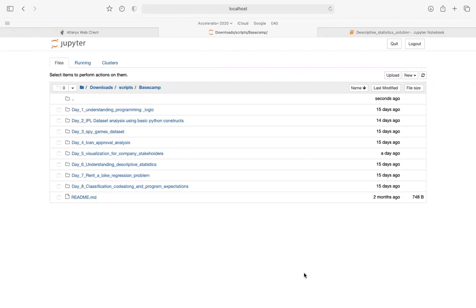Descriptive statistics helps you understand and describe the data, what has happened in the past, because understand, guys, you're already describing what has happened, the events that took place in the past. And there is another type called inferential statistics, which simply means you're inferring or trying to generalize from what has happened in the past.